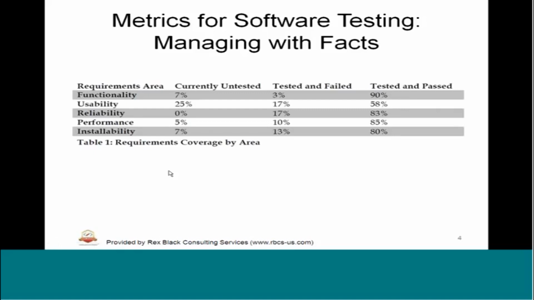So nicely it is presented in terms of requirements in one column, and the current progress it is showing in terms of coverage. That is, this table talks about requirements coverage by area: currently untested, tested and failed, tested and passed. So altogether, the leftmost column should be 100%. That's what it aims for, right? Okay. So what are the types of requirements or categorization of the requirements that it looks for?